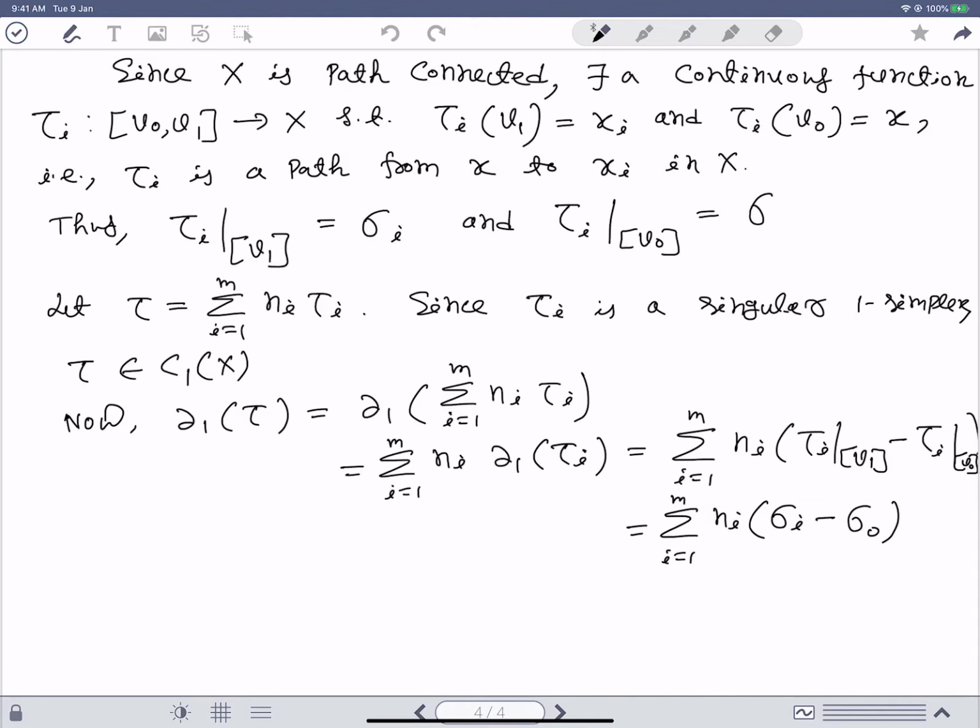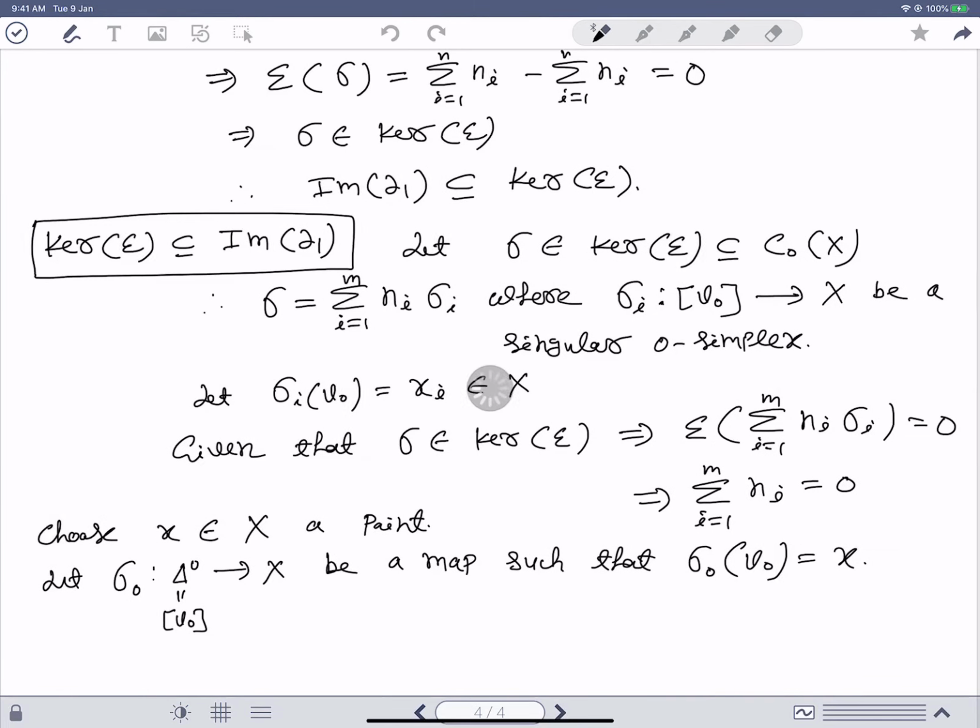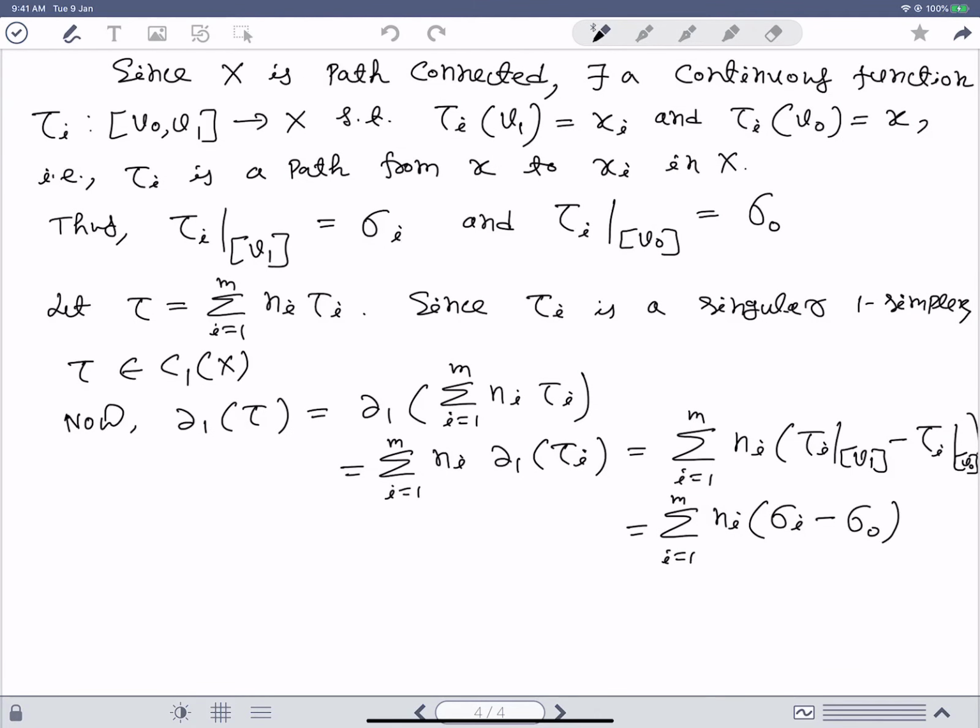So we have defined sigma_0, I think, right? So there was a misprint here. So this should be sigma_0. Okay. So that means this will be equal to summation over i equal to 1 to m n_i sigma_i minus summation over i equal to 1 to m n_i sigma_0. Now this part is sigma, right?